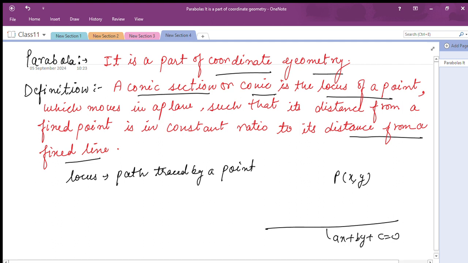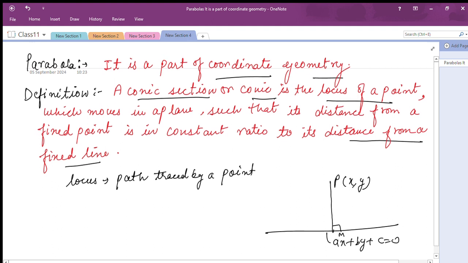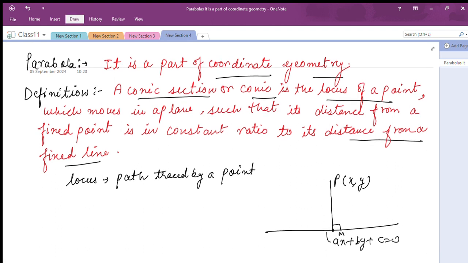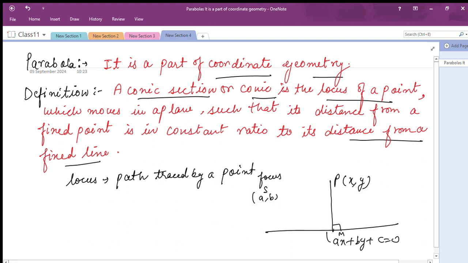The perpendicular distance from the point P to the fixed line, up to M, is called the perpendicular, and this is called the focus S, and its coordinate is a comma b, and its distance from P is like that. So this is the diagram.